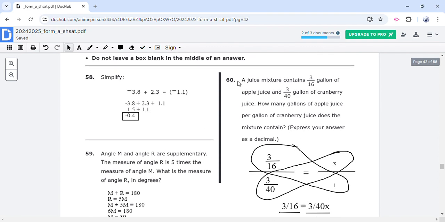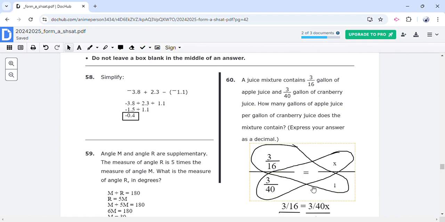For question 60, it says a juice mixture contains 3/16 gallon of apple juice and 3/40 gallon of cranberry juice. How many gallons of apple juice per gallon of cranberry juice does the mixture contain? Express your answer as a decimal. So here you can do a proportion. You can do 3/16 to 3/40 equals x to 1.